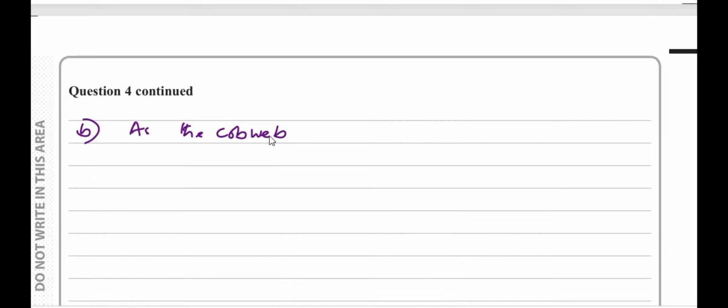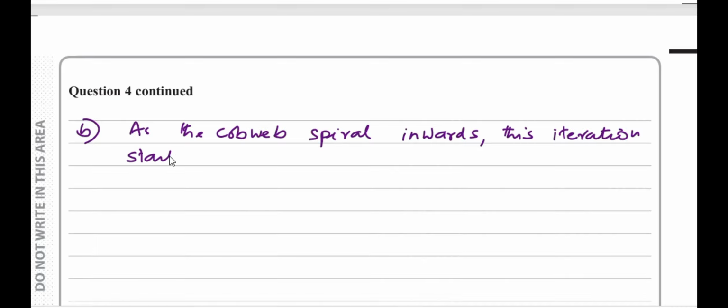To get marks for this question, we need to show that the cobweb actually converges.